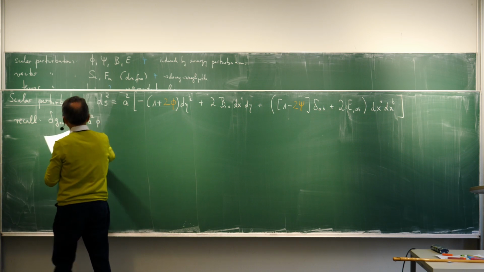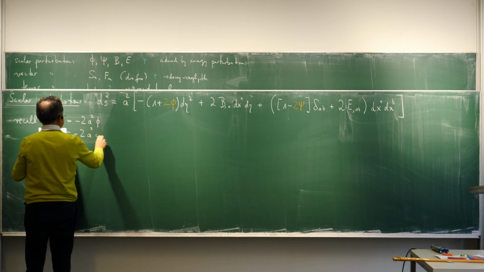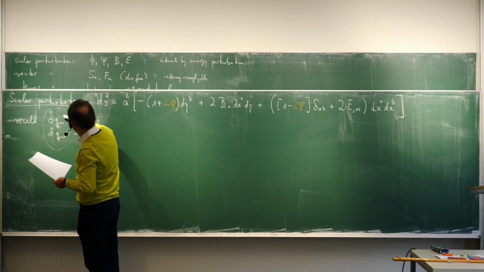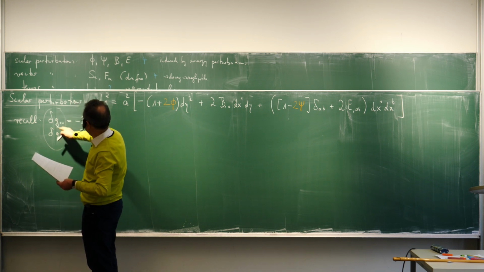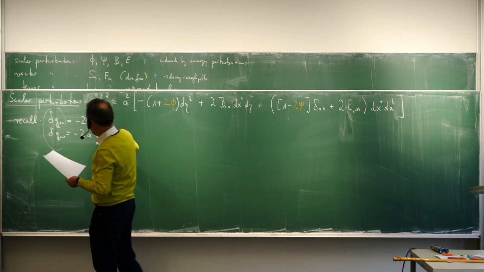And then we have also the delta g 0 0 tilde, which we define as minus 2 a squared phi tilde, and then by the usual coordinate transformation laws we relate these two, and then we can also relate this.